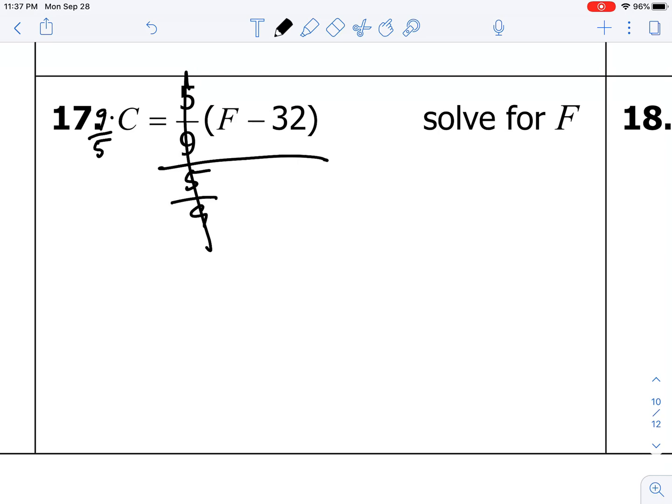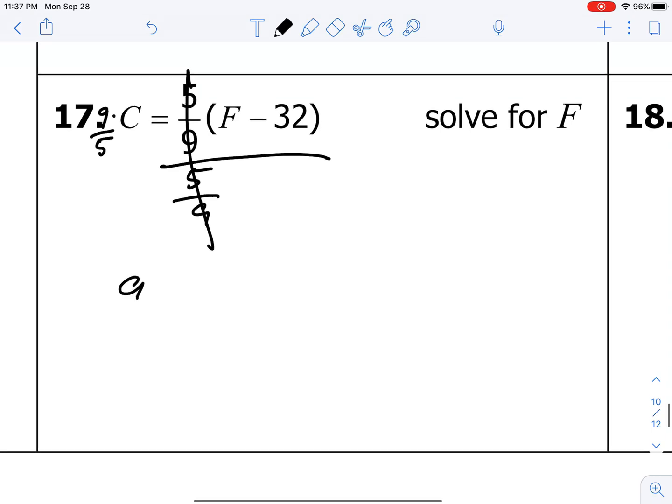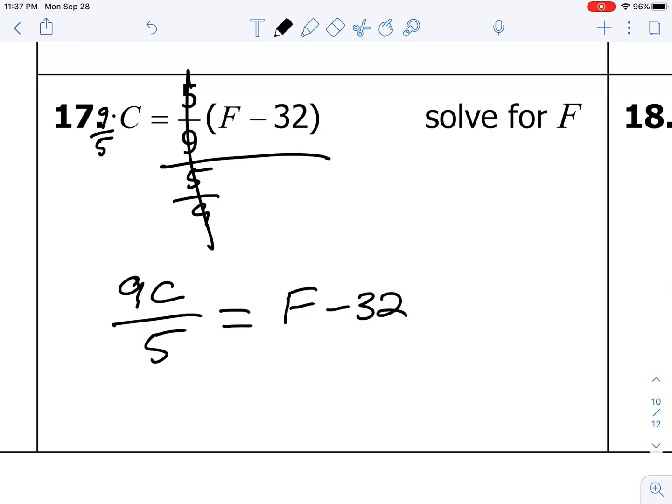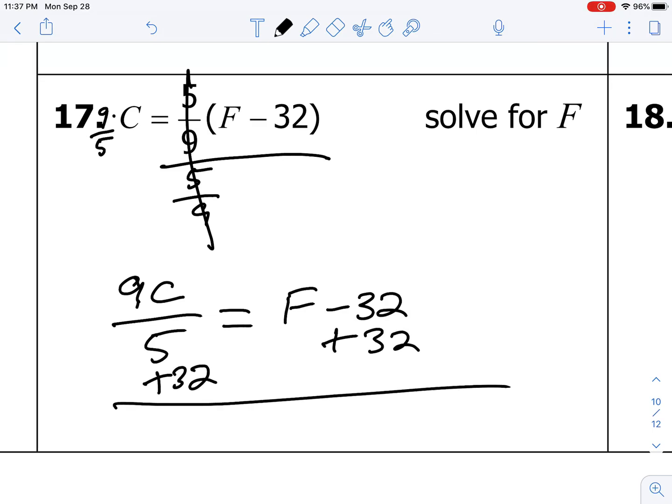Okay, that's now gone. And we would get 9c over 5 equals, and since that 5 over 9 is now gone, you don't technically need these parentheses. So f minus 32. All right? So now we need to solve for f. Okay? Solving for f, we would add 32 to the other side.